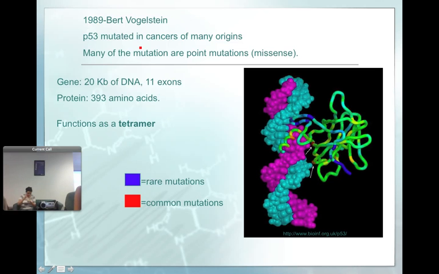So if we go forward, in '89, Vogelstein did a survey of lots of cancers, and he found that P53 was mutated in lots of cancers. This has been substantiated over and over again. It turns out that P53 is defective in about 50% of all cancers of any origin. It's one of the highest for any gene, right?